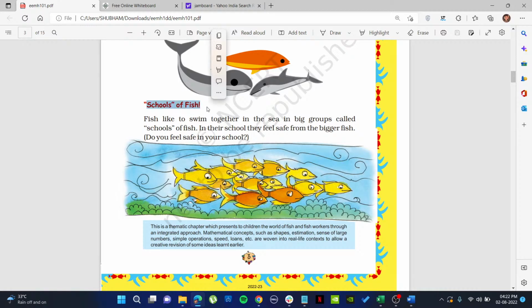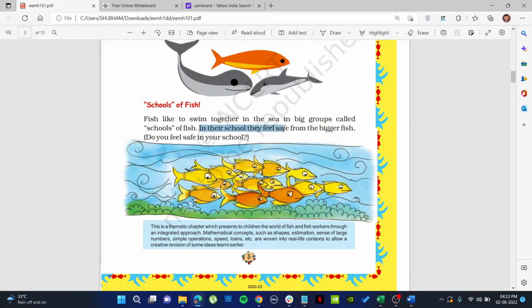Schools of fish. Do you know another interesting thing? Fish like to swim together in the sea, and they prefer to swim in groups. And such a group is very big. In other words, we can say big groups. And such a thing is called a school of fish. And let's see what they feel in their school.